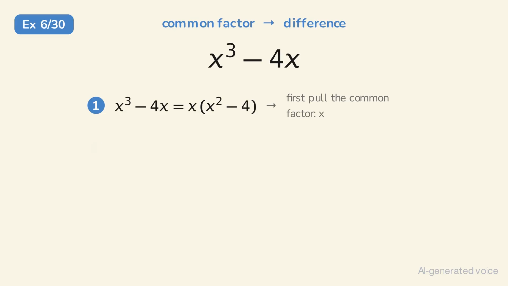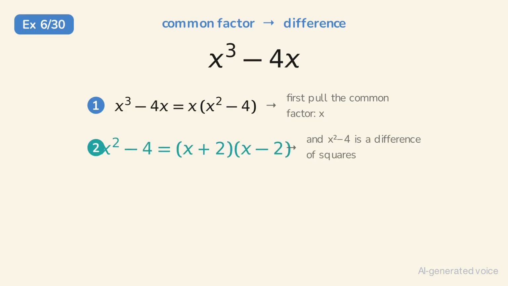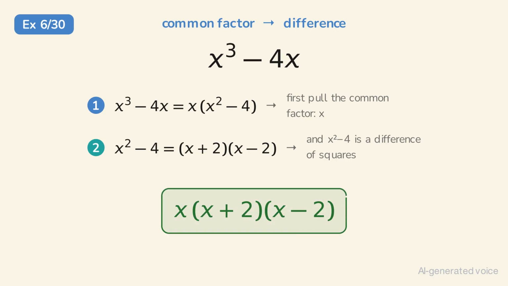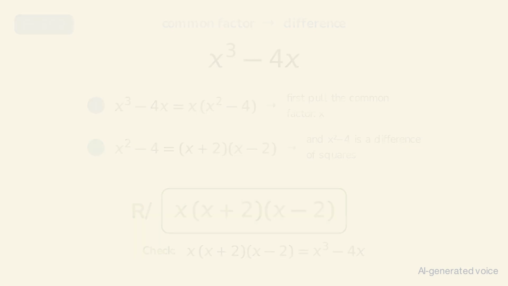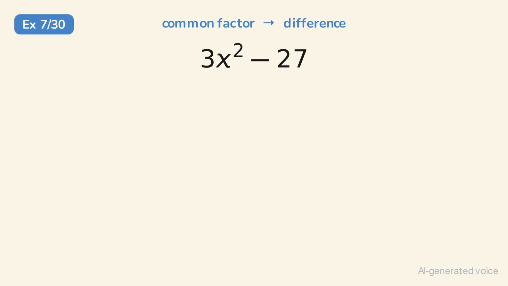And look what's inside. x² minus 4 is a difference of squares, which opens into (x plus 2) times (x minus 2). So the full result is x times (x plus 2) times (x minus 2). Check. (x plus 2) times (x minus 2) gives x² minus 4, and that times the x outside gives x³ minus 4x. Let's keep going with another combined one.